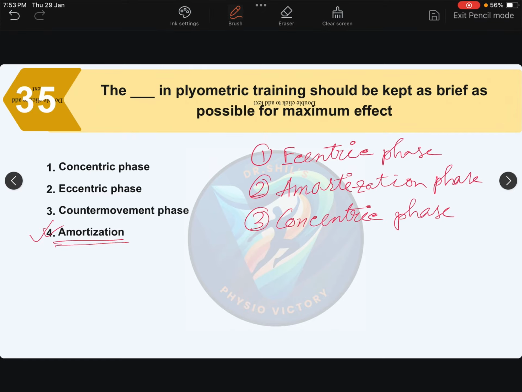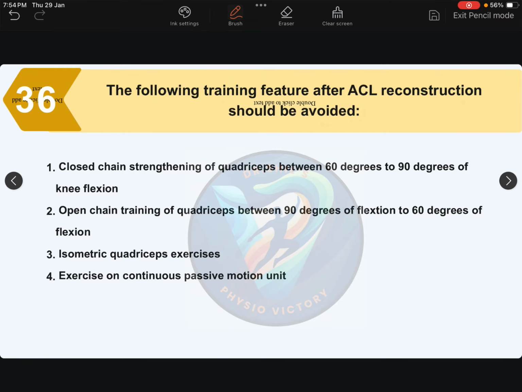Next, come to question number 36. The following training feature after ACL reconstruction should be avoided. Option 1 closed kinetic chain, closed chain strengthening of quadriceps between 60° to 90° of knee flexion.